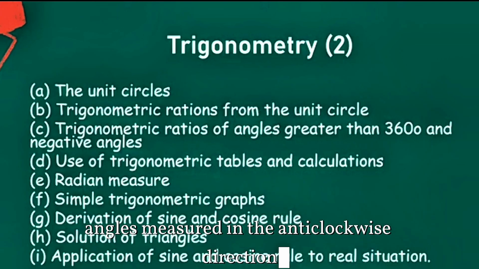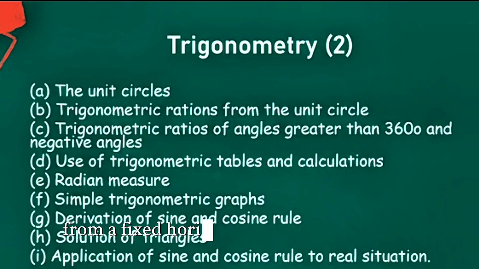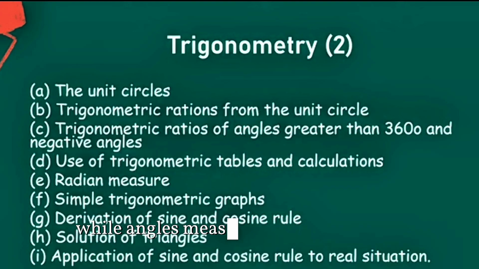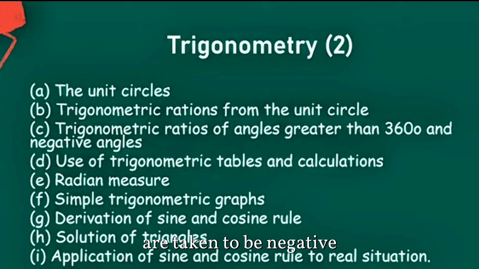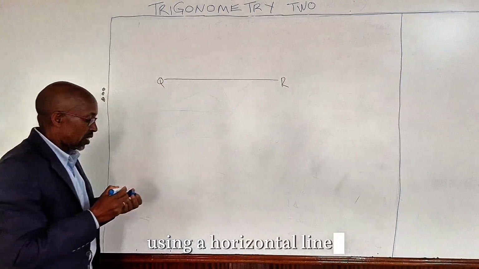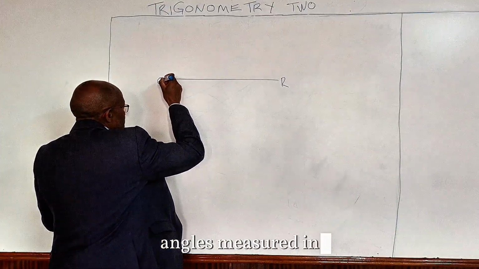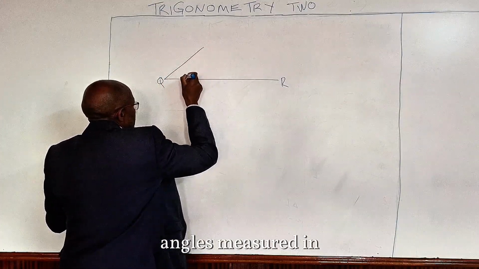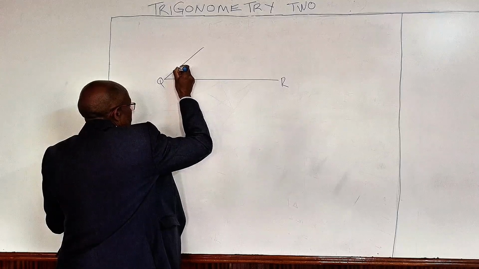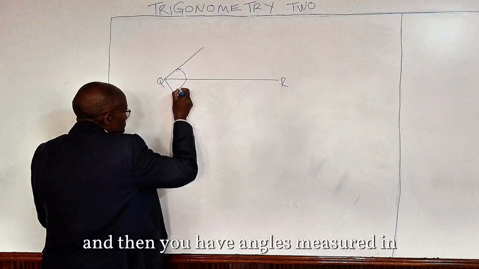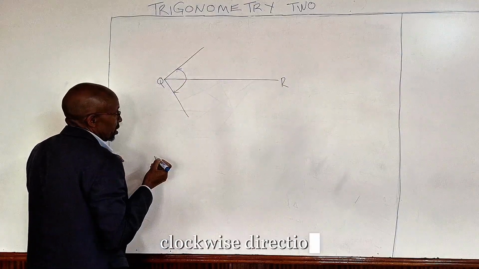Angles measured in the anticlockwise direction from a fixed horizontal line are taken to be positive, while angles measured in the clockwise direction are taken to be negative. Using a horizontal line QR, angles measured in anti-clockwise direction, and then you have angles measured in clockwise direction.